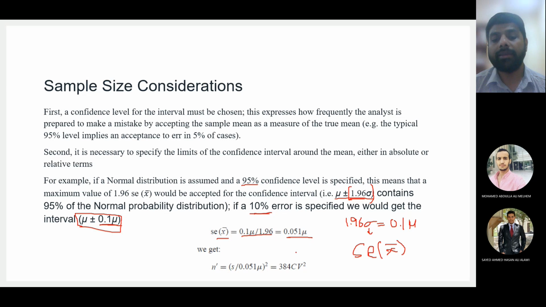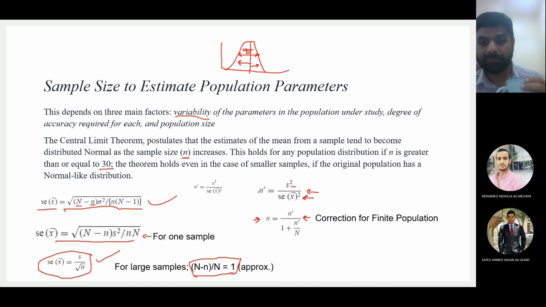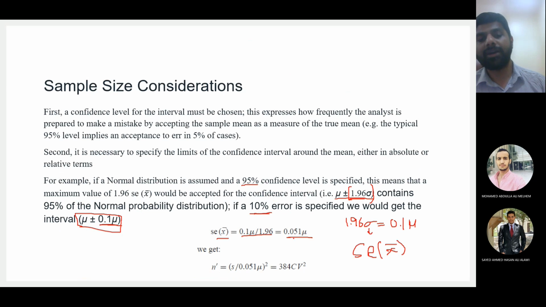Okay, and if you put the value of the standard error of x bar in the equation of n dash, so if I replace this value with this value, then I will have this: s upon 0.05 mu, and complete square.